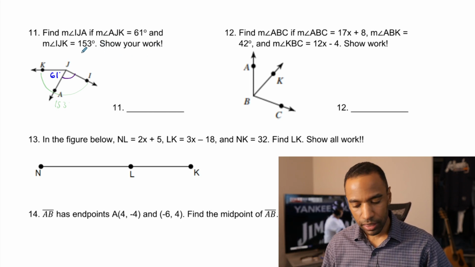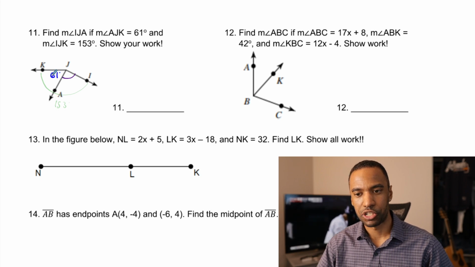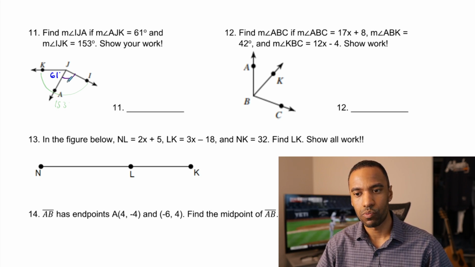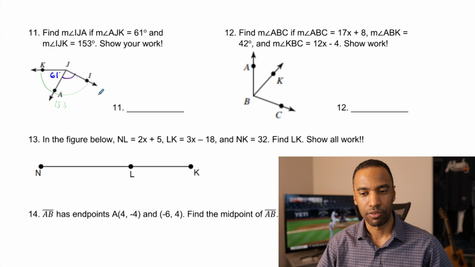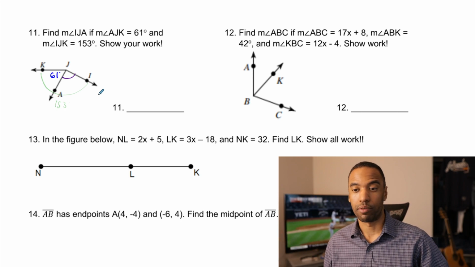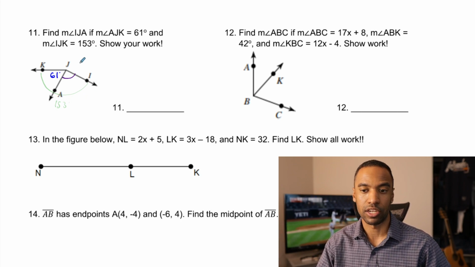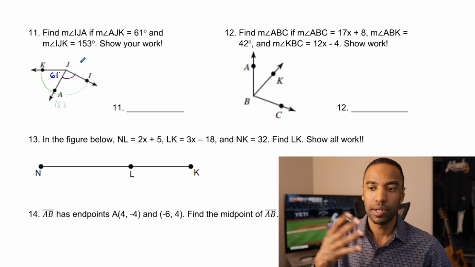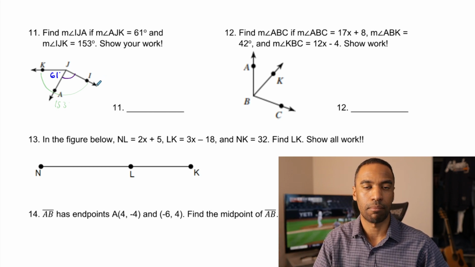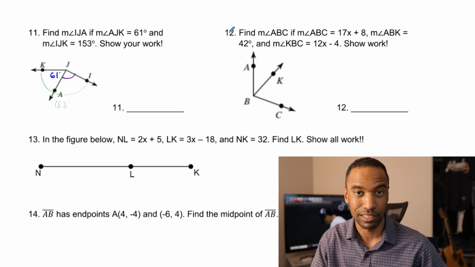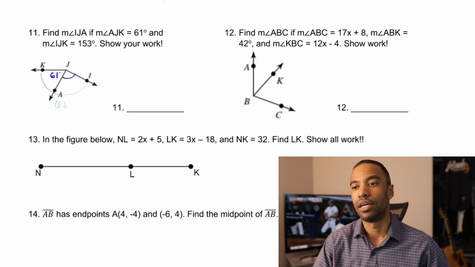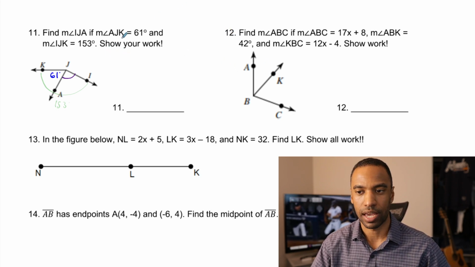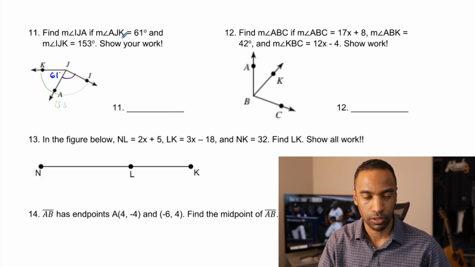So like the last problem I just did, guys, it's a matter of addition. If I add this 61 with this unknown, I should get 153. Now, I know the majority of my students are going to say, just subtract, and you're not wrong. Subtraction does work. I'm going to set this up algebraically in a way that might help me for a problem beyond that, number 12, wink, wink. So to set this one up to start with, guys, I'm just going to use the concept of what's called the angle addition postulate.